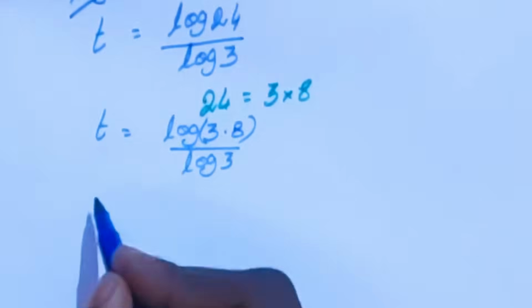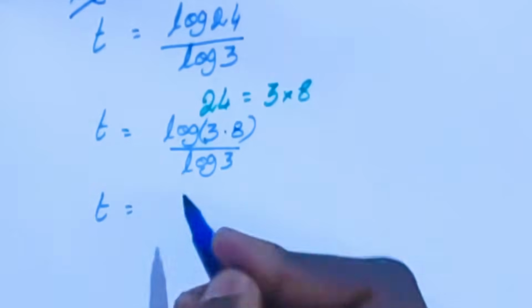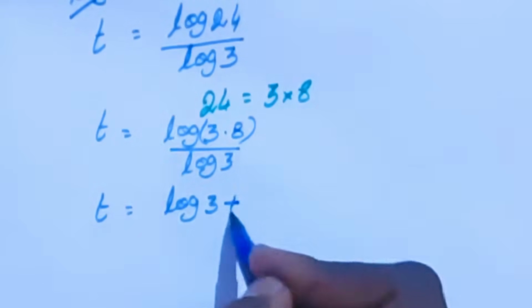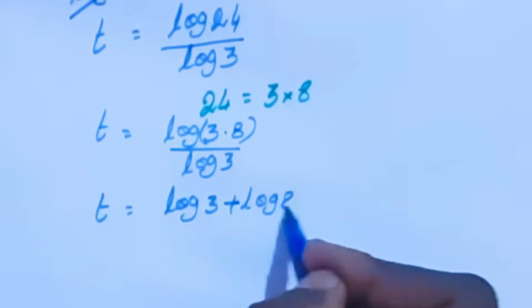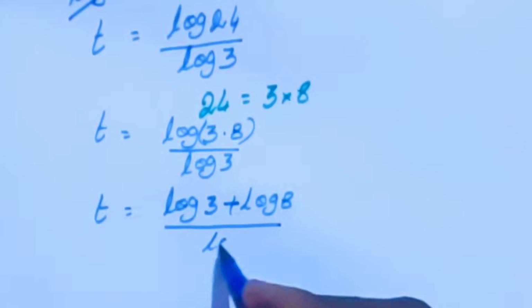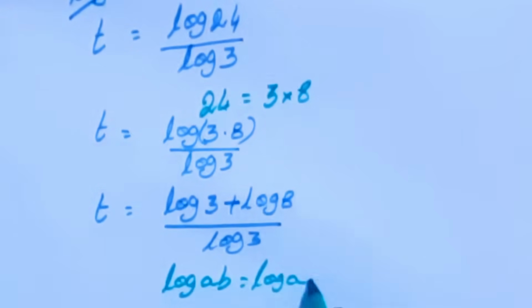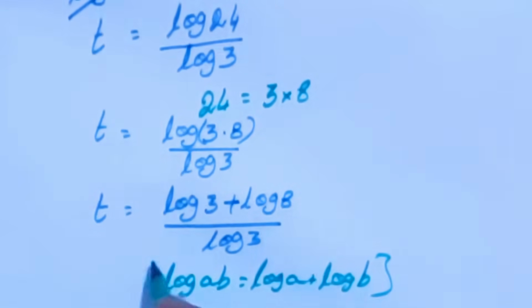Now t equal to log 3 plus log 8 by log 3. Here we applied that log product formula. Log a b equal to log a plus log b. This formula we have applied here.